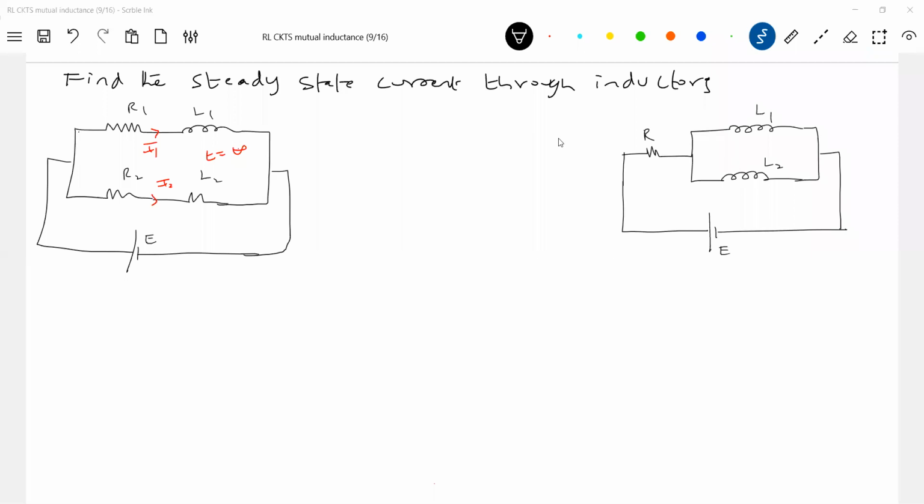So what is I1? I1 is equal to E by R1. So what is the best way? Let's draw the equivalent circuit. The equivalent circuit will be where all the inductors are replaced with short circuits. This is R1, this is R2.